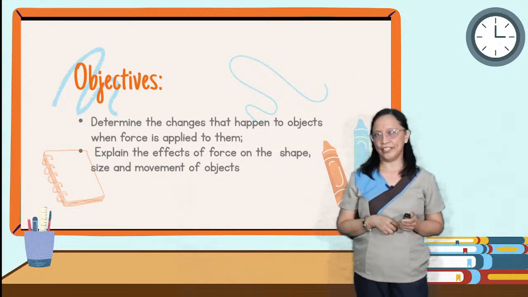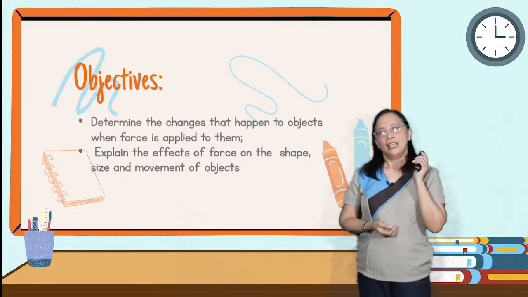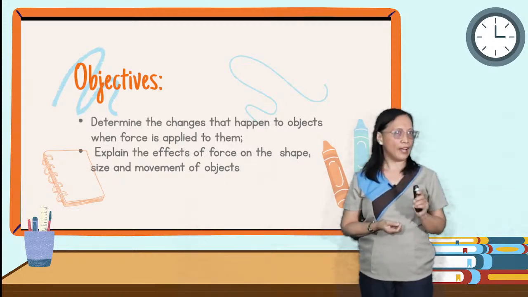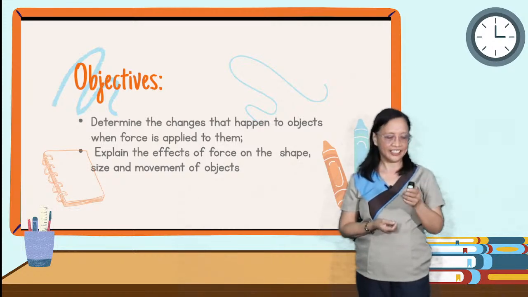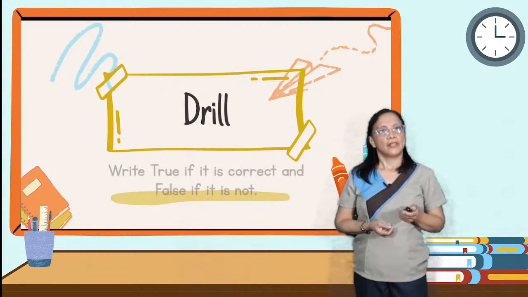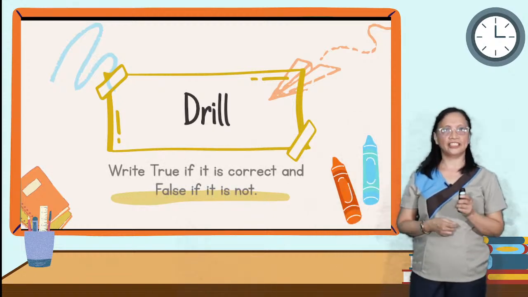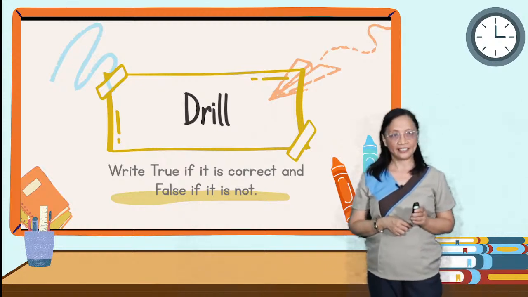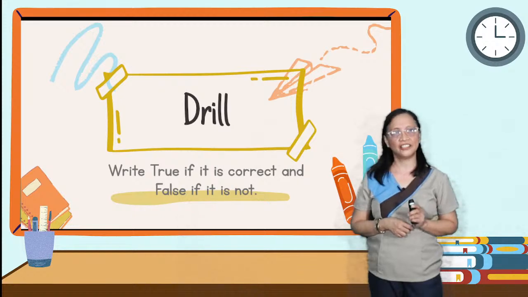But before that, my dear grade 4 learners, let us see how well you know the lesson for today. Let's answer this drill. I want you to write true if the statement is correct, false if it is not correct.